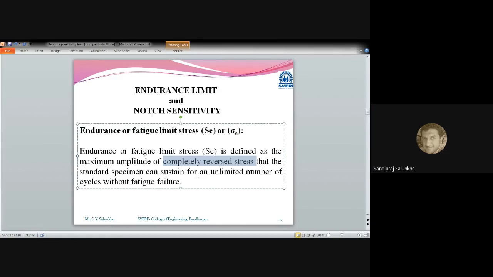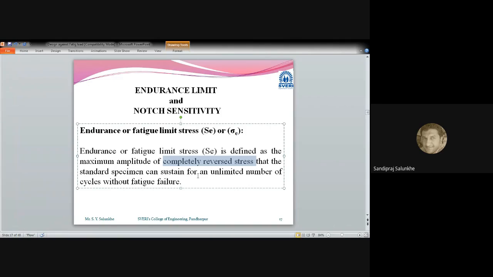That's why we say it is a completely reversed stress that a standard component can sustain for an unlimited number of cycles.